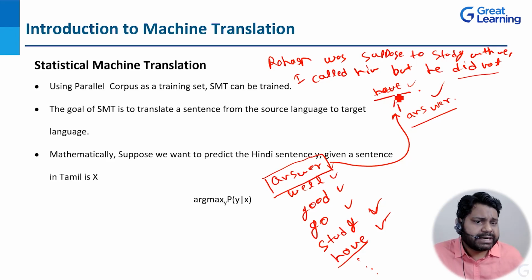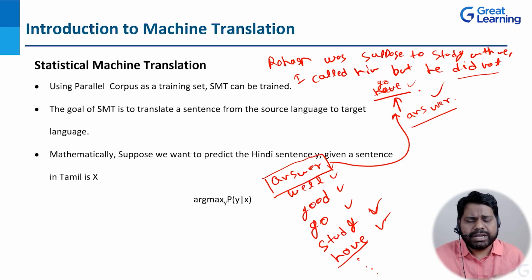We can fill it with "have", we can fill it with "go" also. It has been seen that although the statistical machine translation model works well, in some cases it does not perform as well as expected.